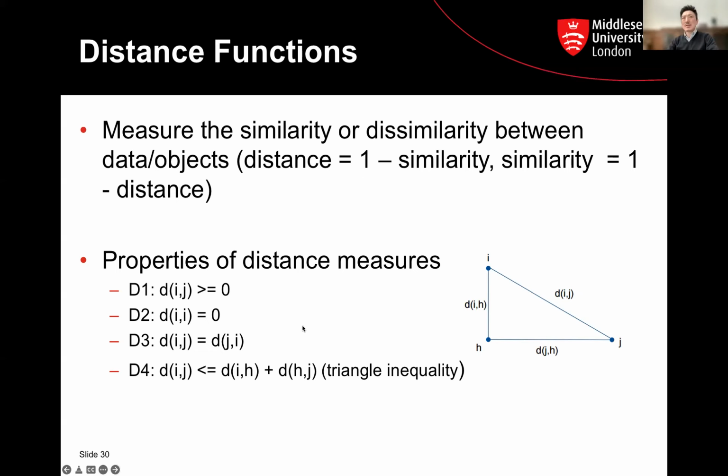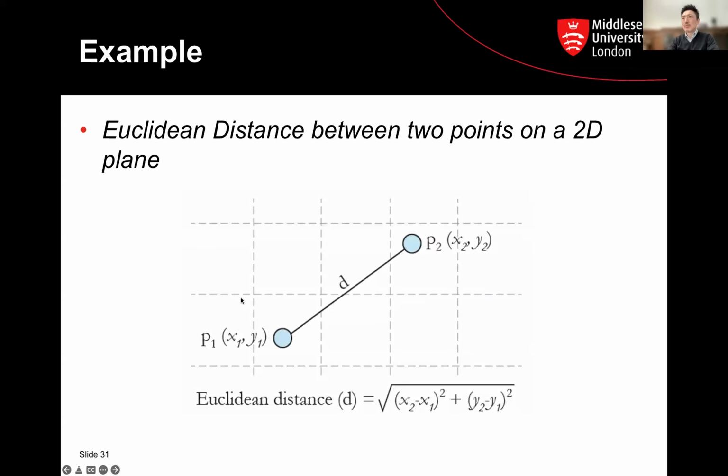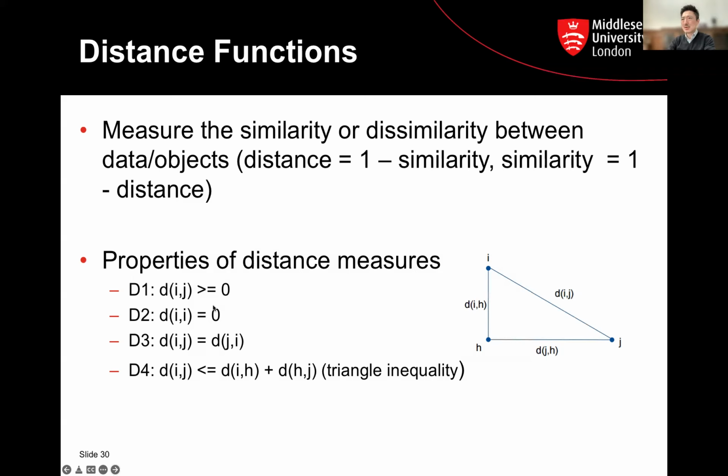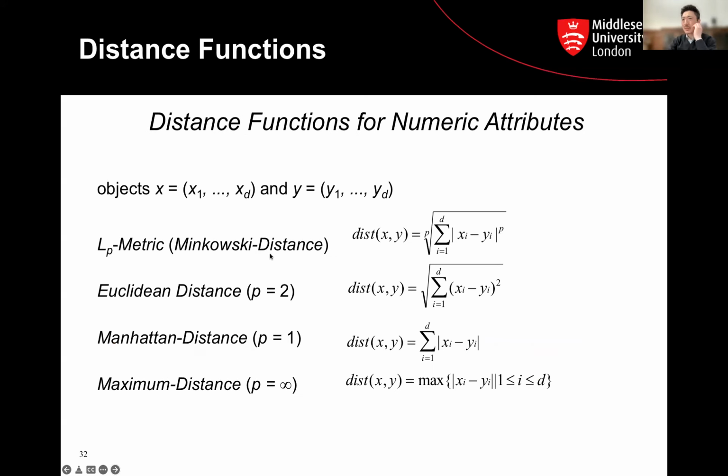Any formula which meets these four requirements, you can call a distance metric. That's not too difficult, so there are many different possible definitions. These are the ones people actually use more, and there are lots of more obscure distance metrics that people don't really use.